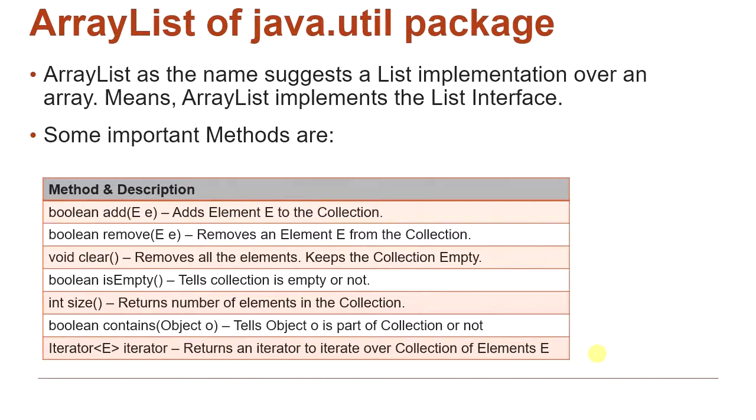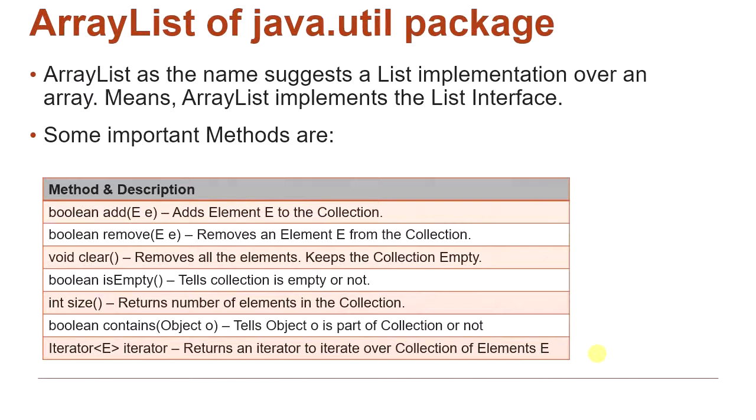The clear function clears all the elements and keeps the ArrayList empty. The isEmpty function will tell whether there is any element in the ArrayList. The size will return the number of elements currently stored in the ArrayList. The contains method walks through the ArrayList and tells whether the parameter object is present in the collection.